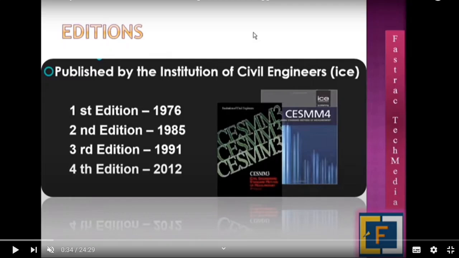It is applicable for all types of work, and the history of CESM is from 1976. The first edition was published and it was approved by the Institution of Civil Engineers, ICE. We all follow this in the industry.